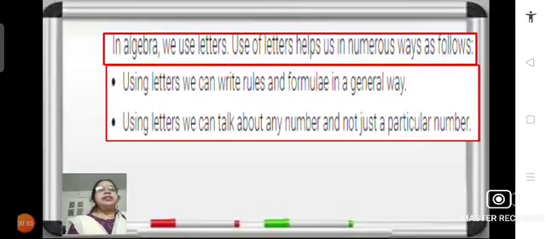Now, in algebra, we use letters, isn't it? So, the use of letters helps us in numerous ways. How does it help us? We can write general formulas and rules, isn't it? And using letters, we can talk about any number and not just a particular number.